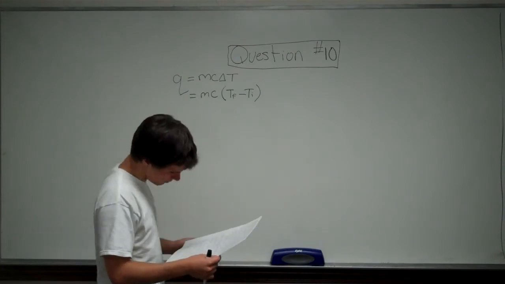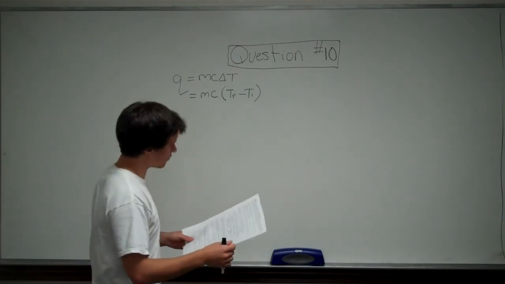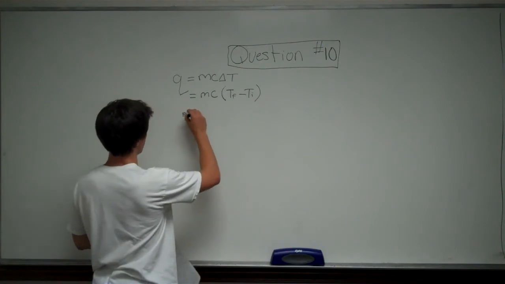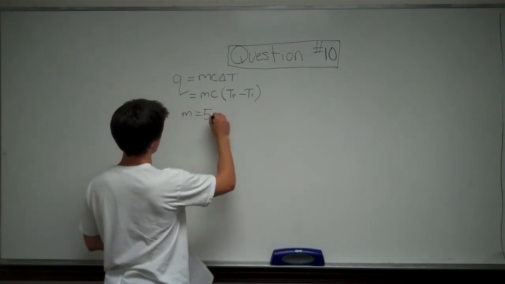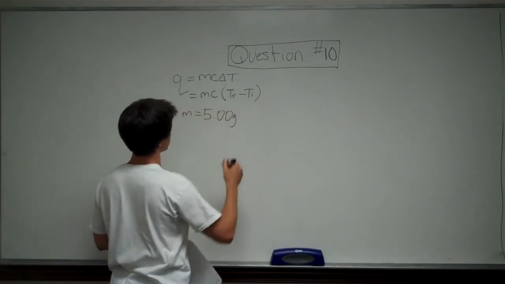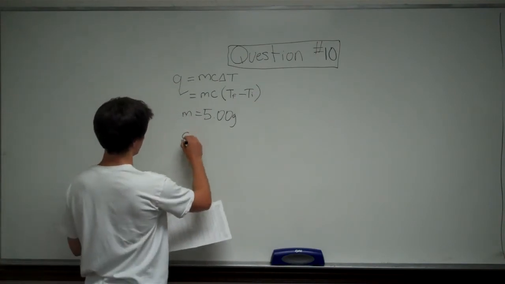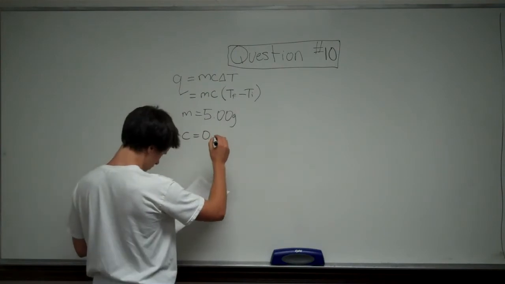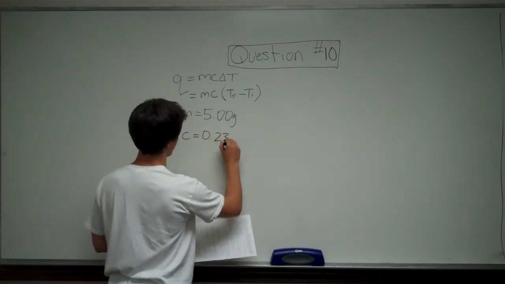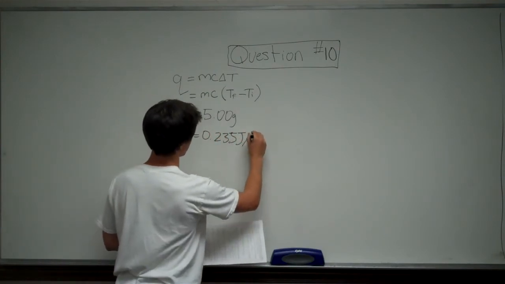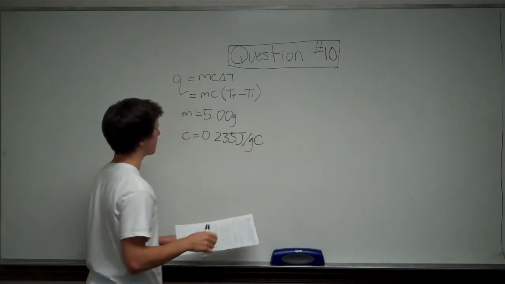Okay, so they give us 5 grams of silver, so m is 5.00 grams. They give us c, which is 0.235 J per gram Kelvin.